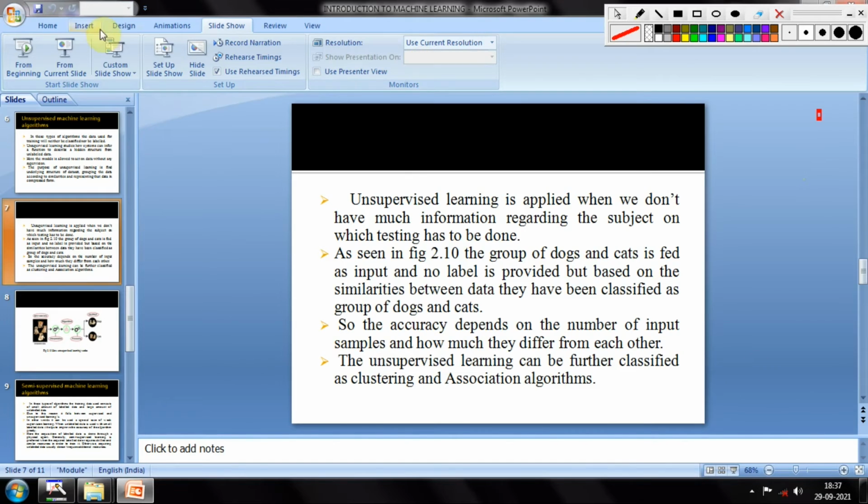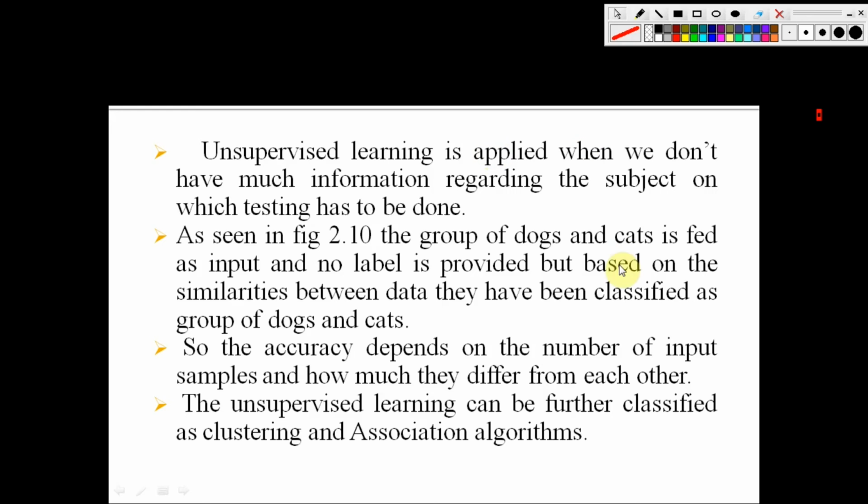Alright, coming to the next thing, unsupervised learning is applied when we don't have much information regarding the subject on which testing has to be done. In some cases we don't have much information, like information coming from space or new research information.